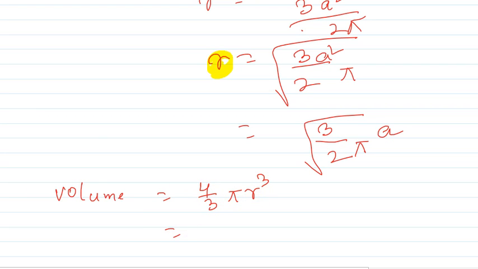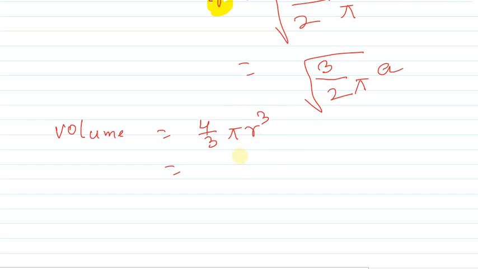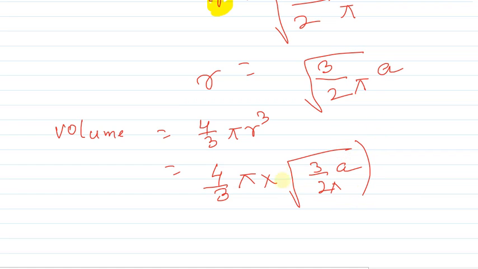All right. So we write here 4/3 pi. What is the value for r cube? Tell me, how much is coming? What is the value for r? The value is root 3 by 2 pi a, and this is cubed.